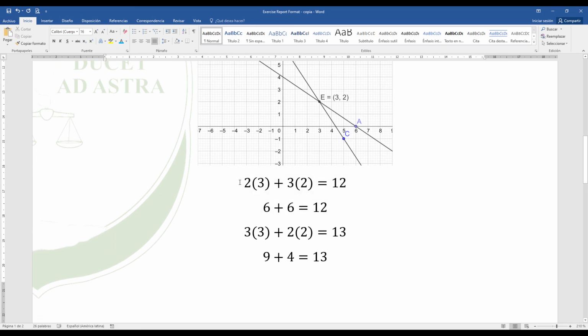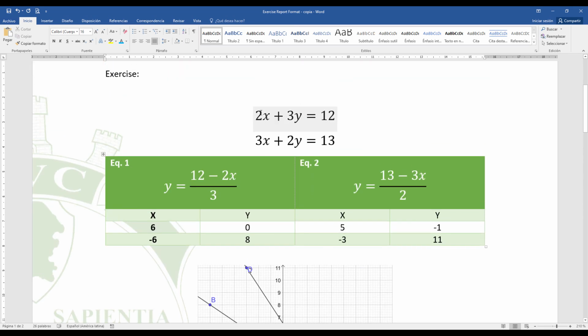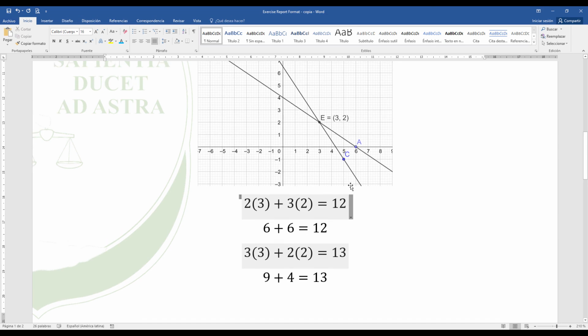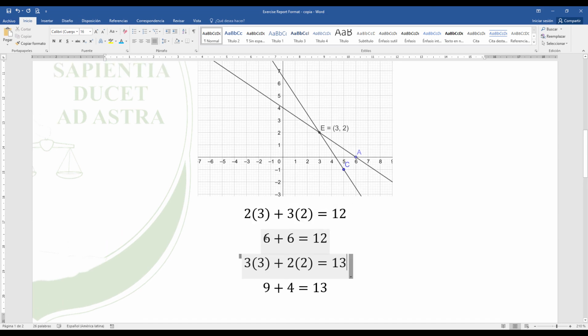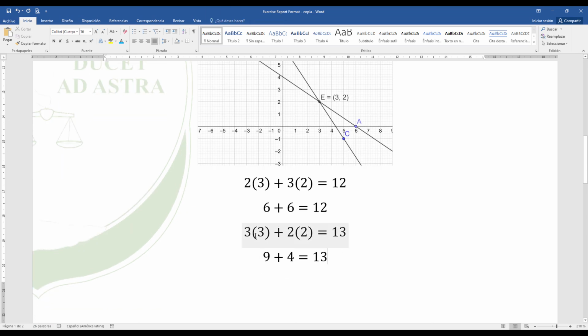Here this is the original equation, so you get those values: 6 plus 6, which is equal to 12. It's correct. Now the next one, replace the values again: 3 times 3 is 9, 2 times 2 is 4. So 9 plus 4 is equal to 13. This is okay.